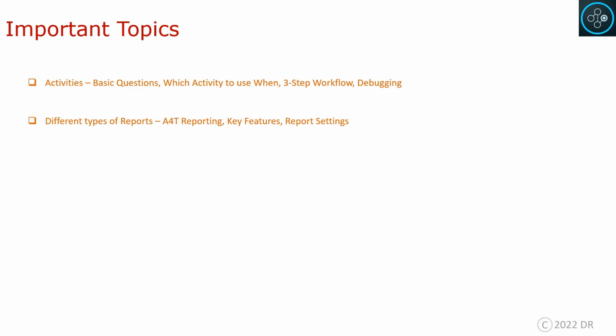And you should know about the Target reporting interface. And then A4T, that is when you use Adobe Analytics as the reporting source, it's a very important topic, A4T, right? So be thorough with that topic from the reporting perspective. So that's there.